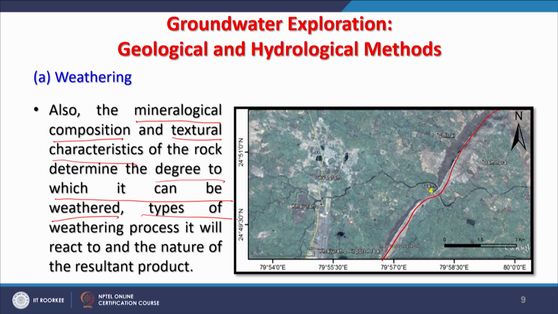So, the type of weathering will influence which processes are going on, how these rocks will react, and the nature of the resultant product. Generally in this case, the resultant product is of course sand, which is more or less silica, quartz grains, and your feldspar and mica have completely weathered.